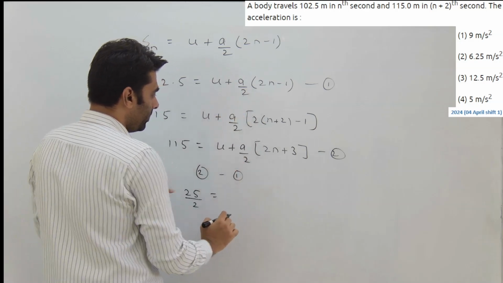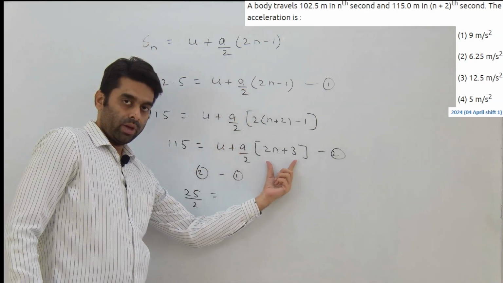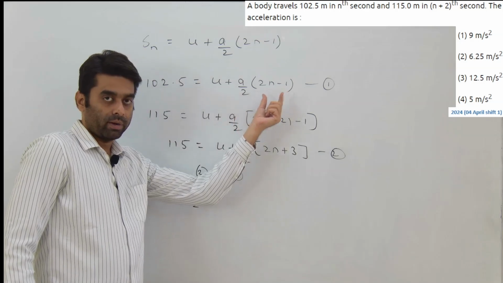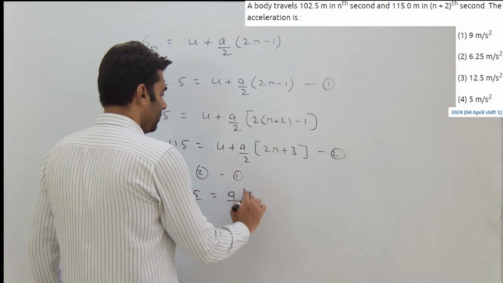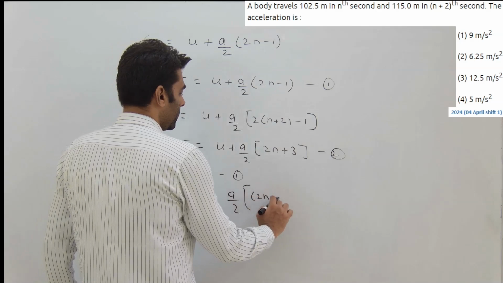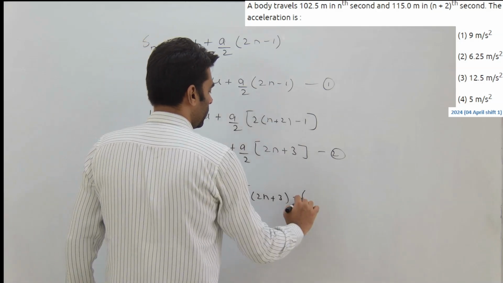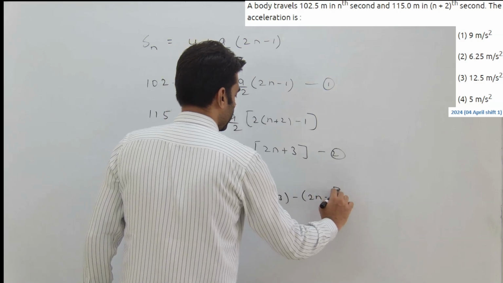Over here it will be a by 2 (2n plus 3) minus a by 2 (2n minus 1). I am taking a by 2 common over here. We will be having 2n plus 3 minus of 2n minus 1.